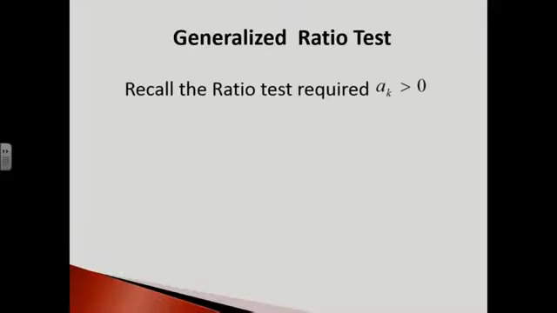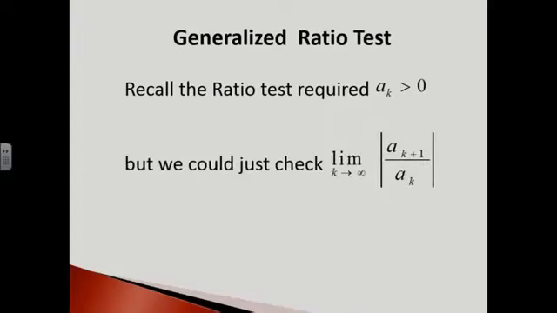The following is a statement of the generalized ratio test. The ratio test for positive term series can be generalized to apply to arbitrary series. To do this, you have to check the limit as k tends to infinity of the absolute value of a_(k+1) divided by a_k.